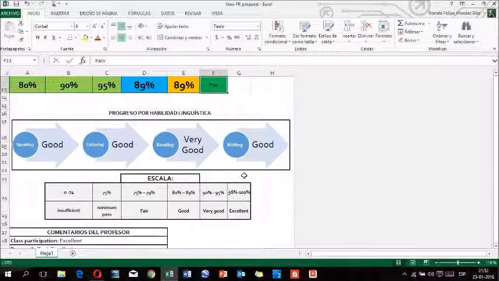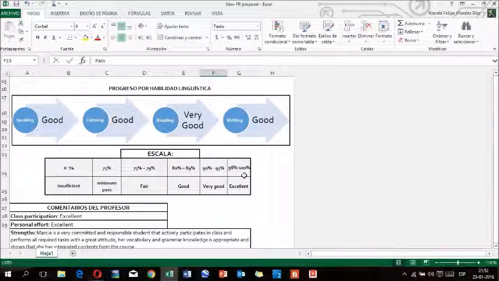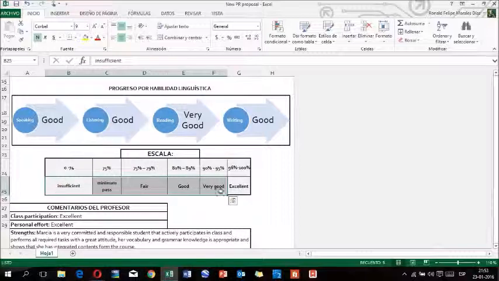And another important part of the PR is the progress per abilities: speaking, listening, all the productive and receptive skills. And we were thinking about these descriptors. Of course, these are the ones we propose.